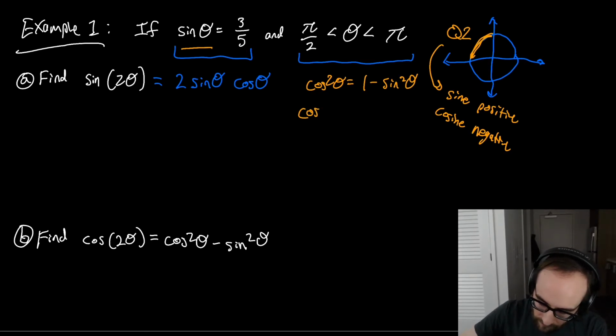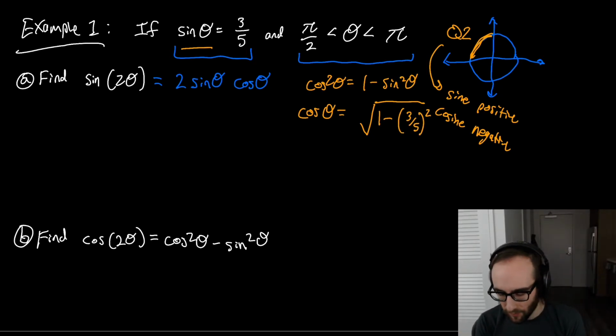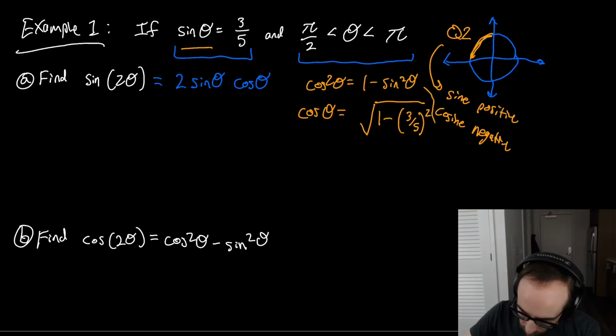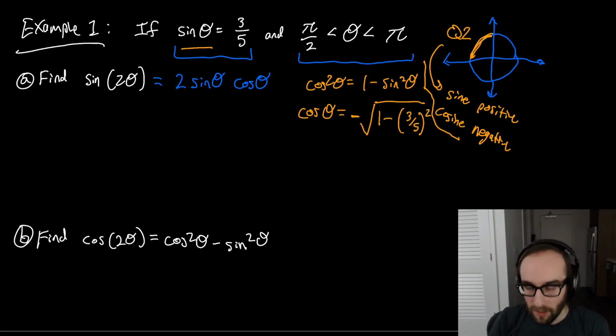Cosine of theta then is equal to plus or minus the square root of 1 minus sine squared theta, which is 3/5 squared. We were told by the quadrant that cosine is negative, so we're putting the negative square root in front.